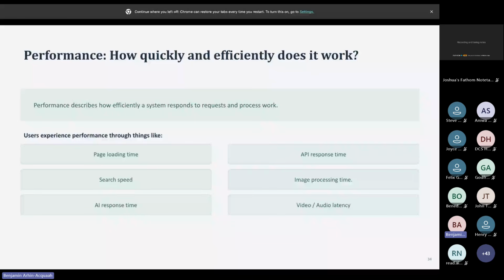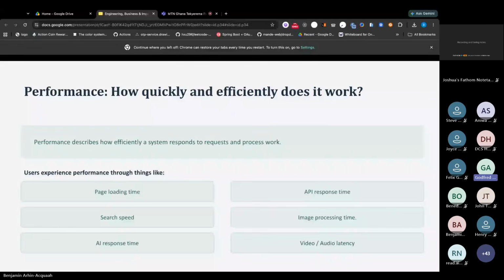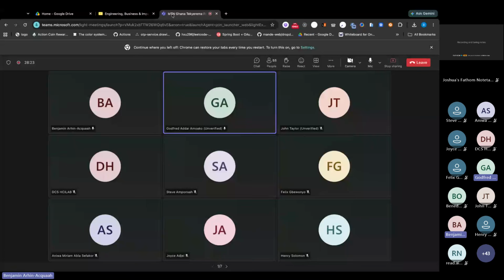Anyone want to try what reliability means in the context of non-functional requirements? Yeah. I think reliability will be about how trustworthy or how rich the content is.